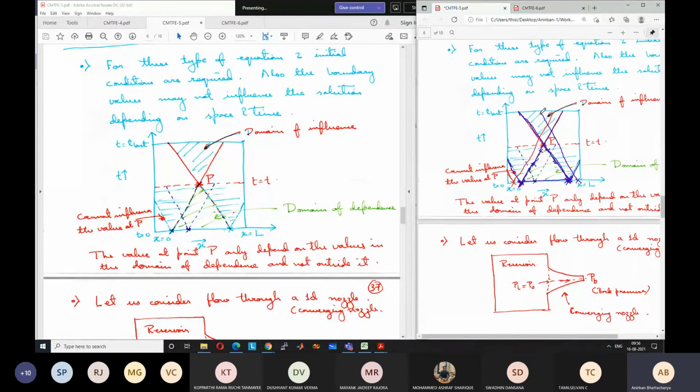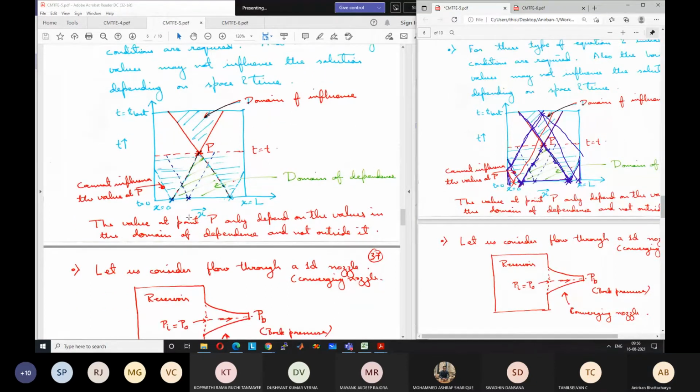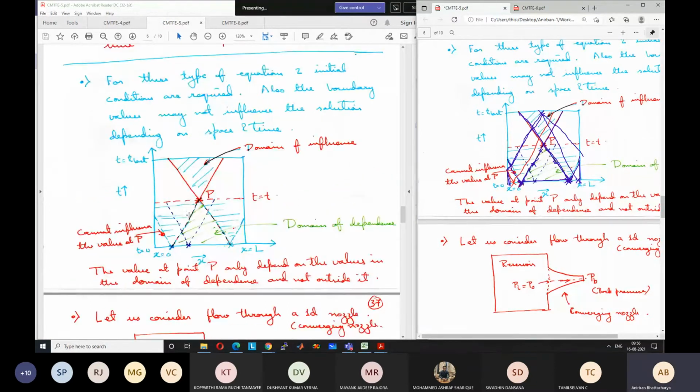So for example, if I have a point here and its domain of dependence will go like this, it's not exactly correct, but anyway, these boundary conditions up to these points will be able to influence this point. Anything beyond that will not be able to influence, but it can influence depending on the type of the problem. So is this discussion clear?